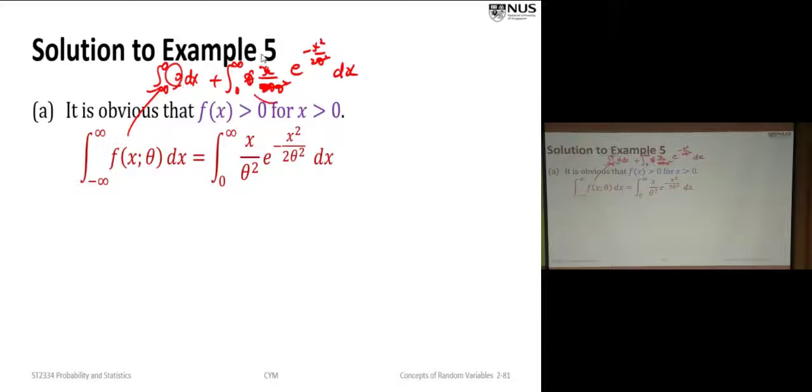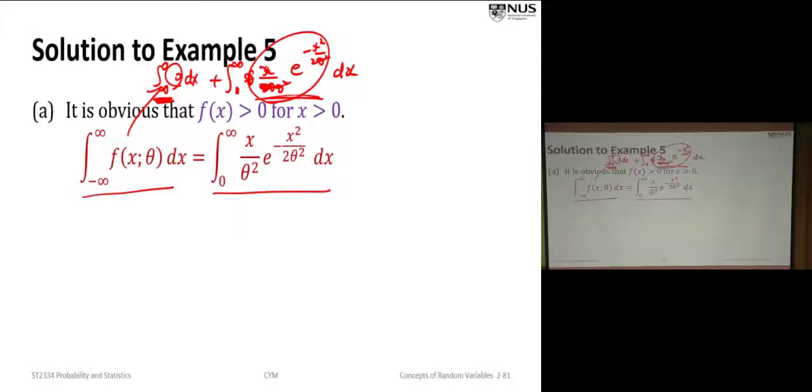The PDF is different over different ranges. For x between minus infinity and 0, the PDF is 0. For x between 0 and infinity, this is the probability density function. So integrating this one equals integrating that one. You must know why.